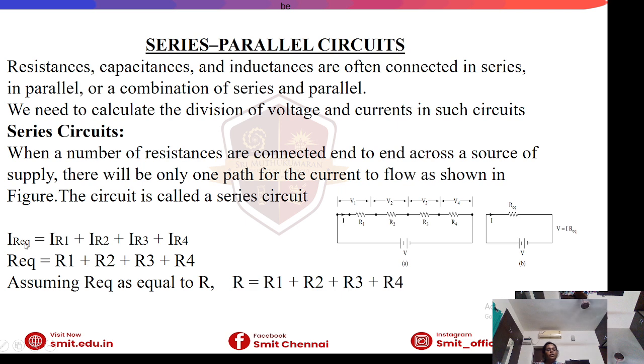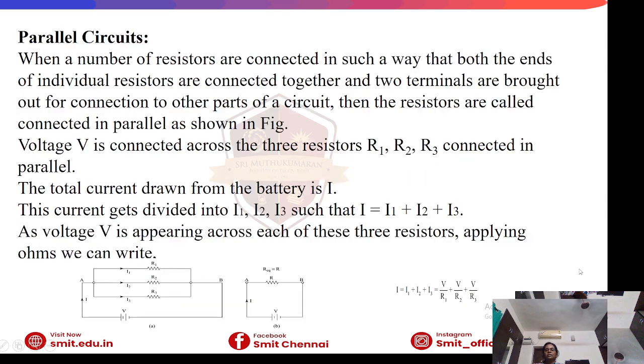The total voltage is nothing but I into R1 plus I into R2 plus I into R3 plus I into R4, since V is equal to I into R. The equivalent resistance is nothing but R1 plus R2 plus R3 plus R4. So the equivalent circuit is shown here, R1, R2, R3, R4, and the current will be the same across all the resistors as the circuit is connected in series.